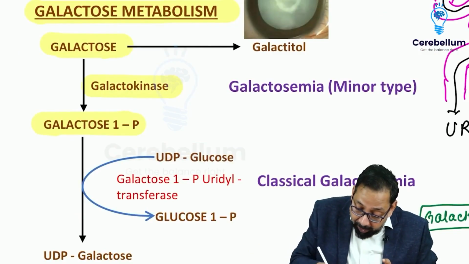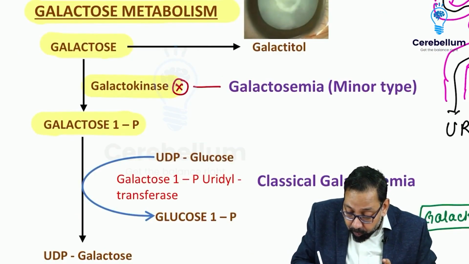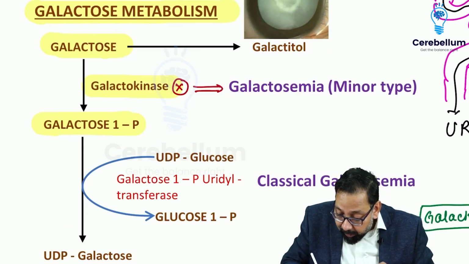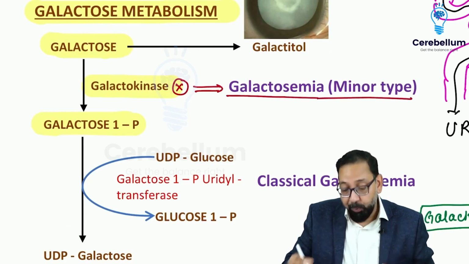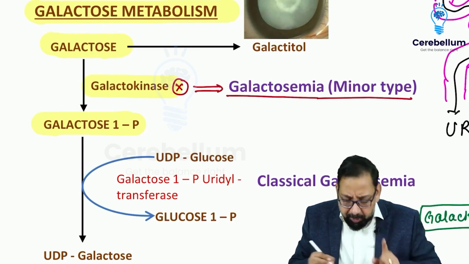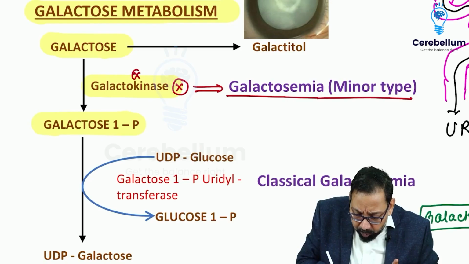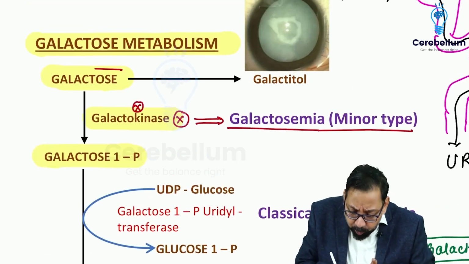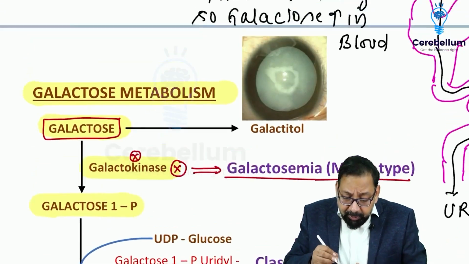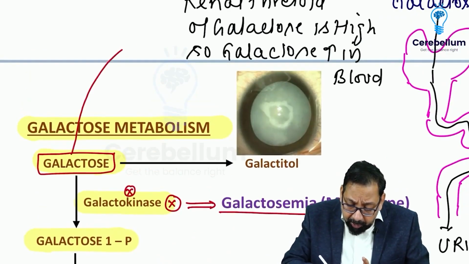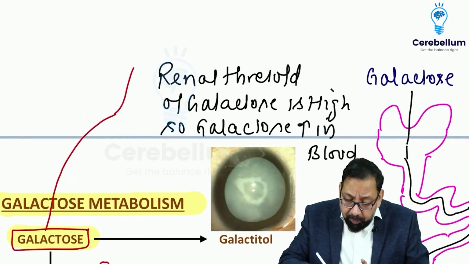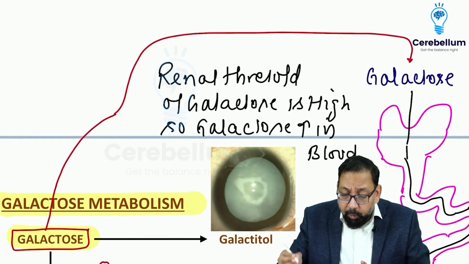If galactokinase is deficient, this is called the minor type of galactosemia. So first step, galactokinase. If galactokinase is deficient, galactose will accumulate. This galactose will increase in blood, and this galactose will be freely filtered in the glomeruli.